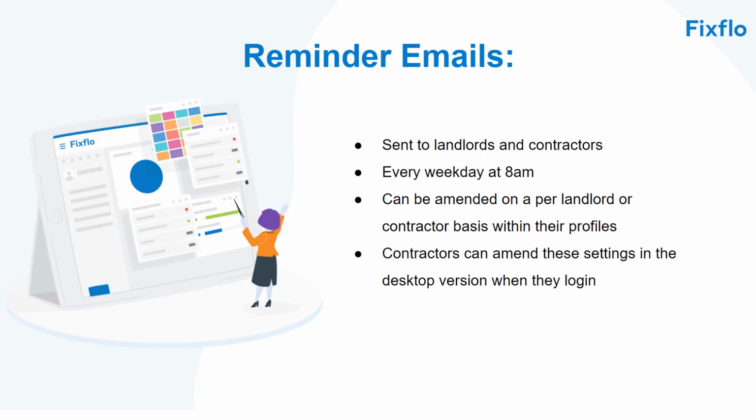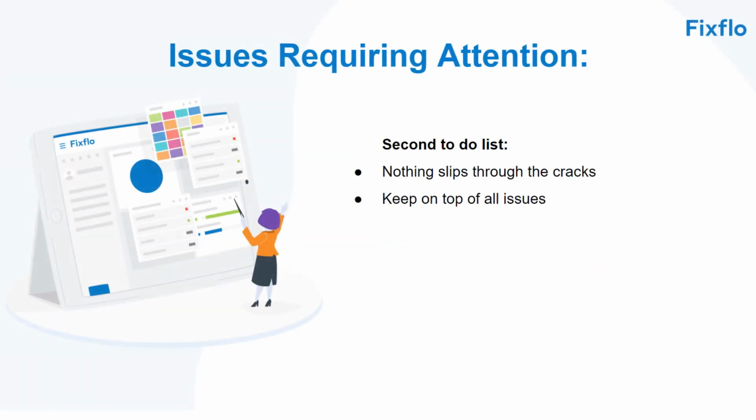This can be amended on a per contractor or landlord basis within the system, and contractors can amend their notifications within the desktop version of their system. Issues requiring attention should be your second to-do list to ensure that nothing slips through the cracks and keep you on top of all your issues, whether they are with you or not.